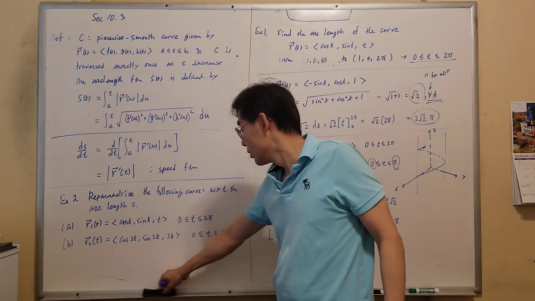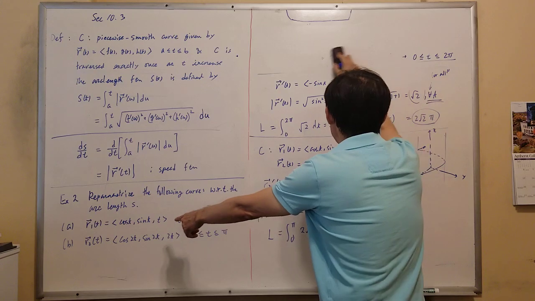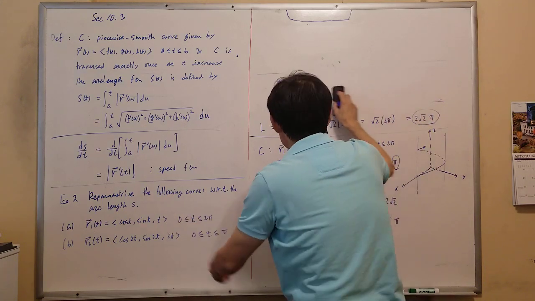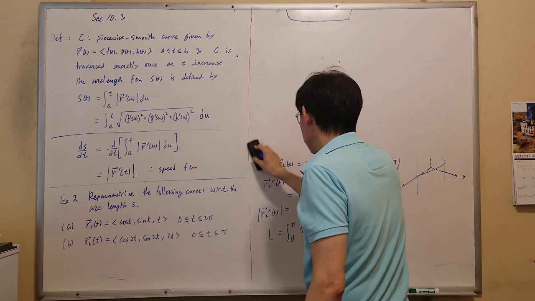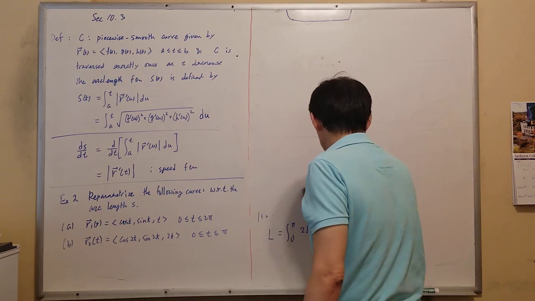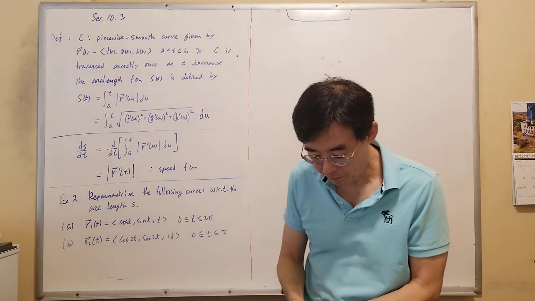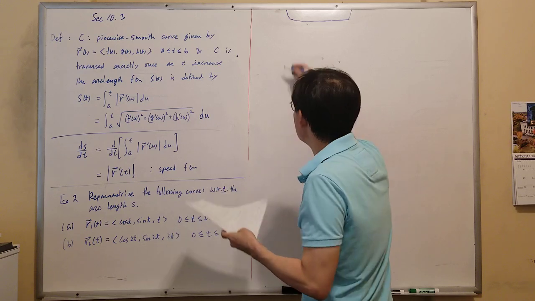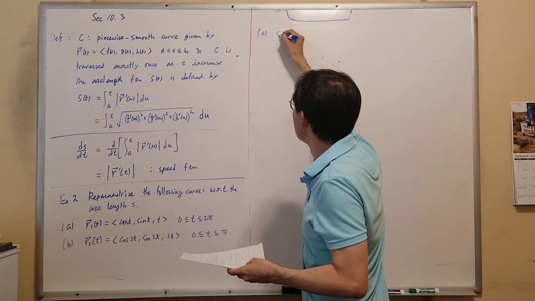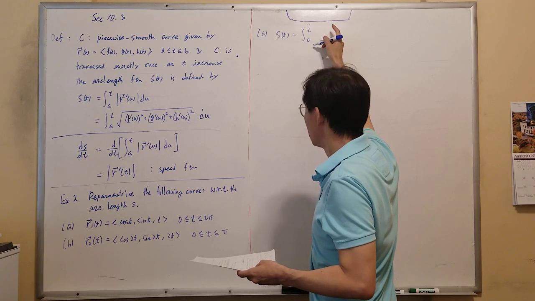Okay, so let's reparameterize on this one using the arc length function. Your s of t is the integral from 0 to t.